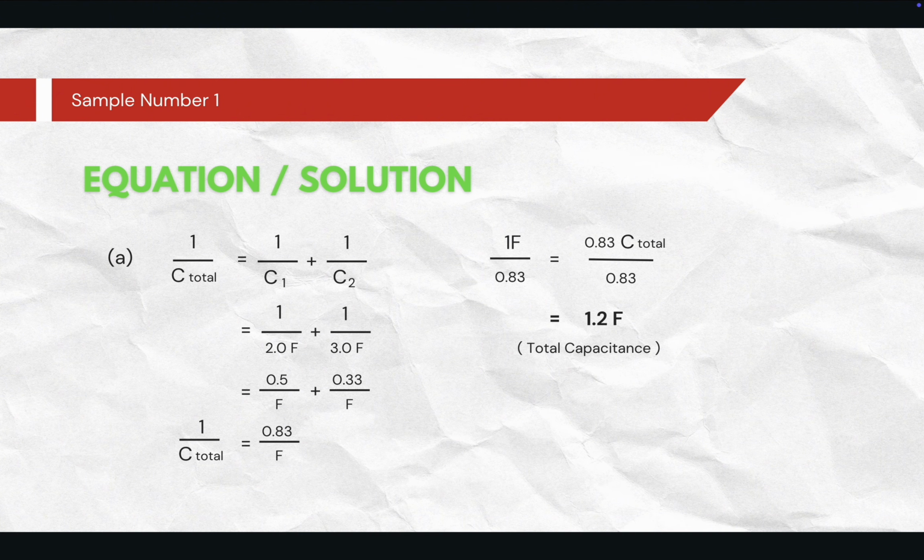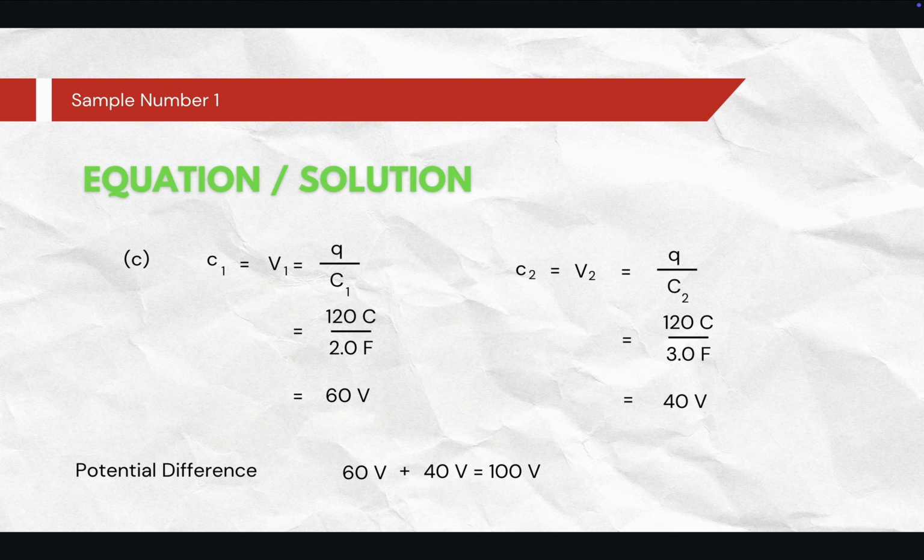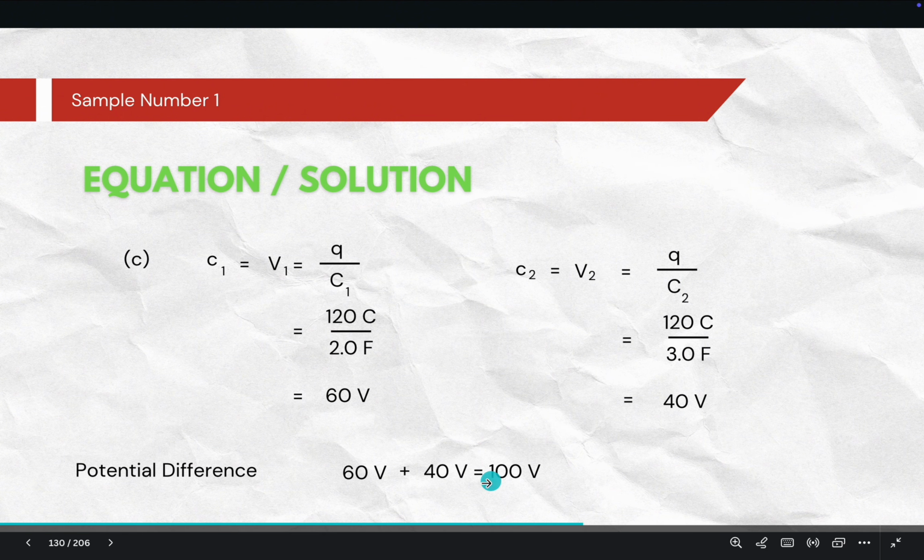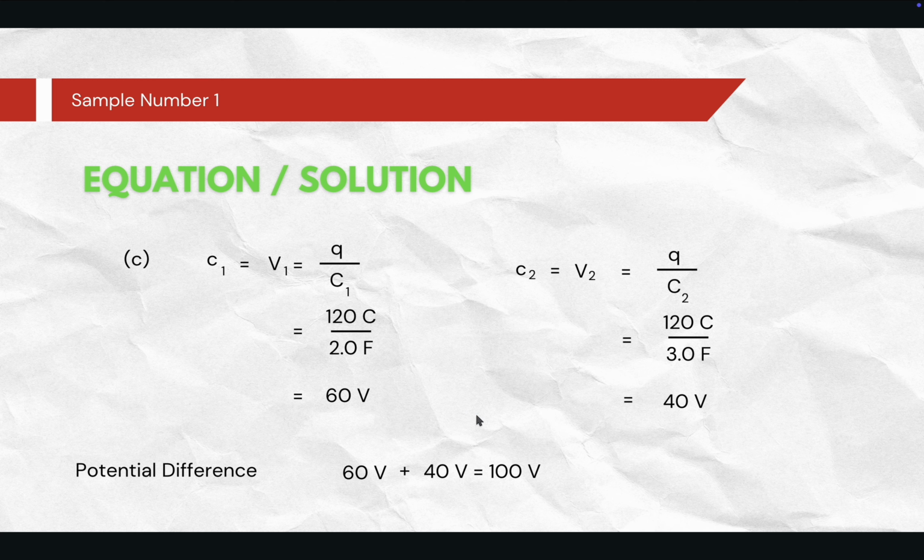So, para ma-sure natin itong na-solve natin, yung potential difference, i-add both of them. Yung 60 volts and yung 40 volts, magiging 100 volts. So, tama yung na-solve natin dito, kasi parehas sila nung given natin na volts kanina na 100.